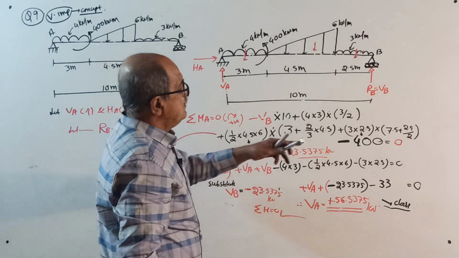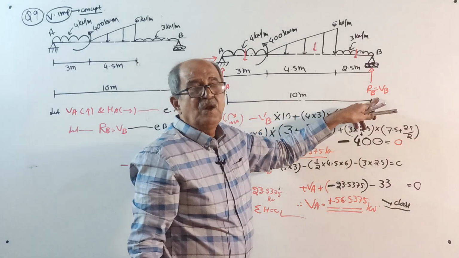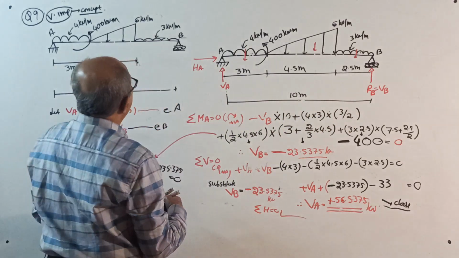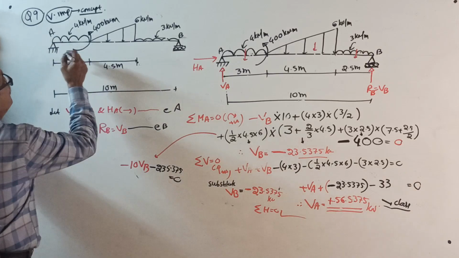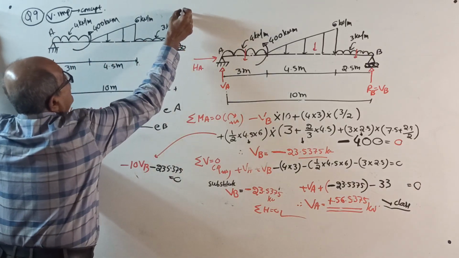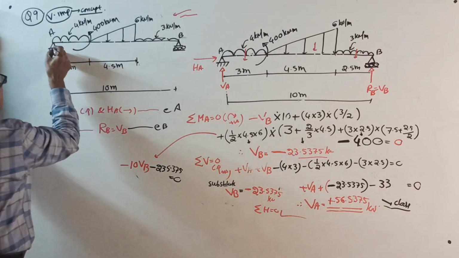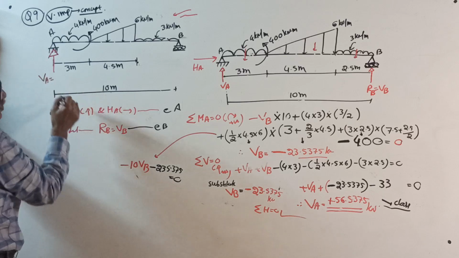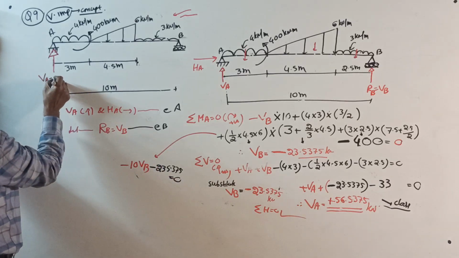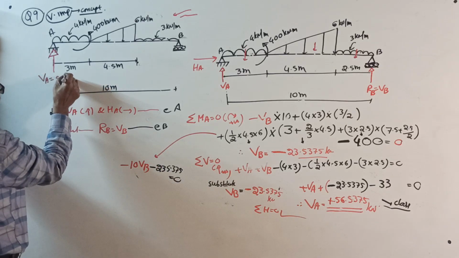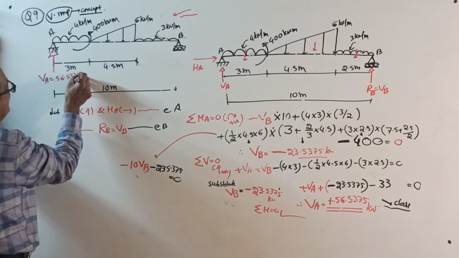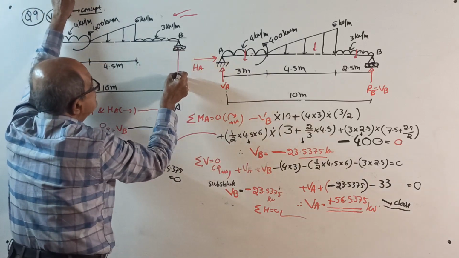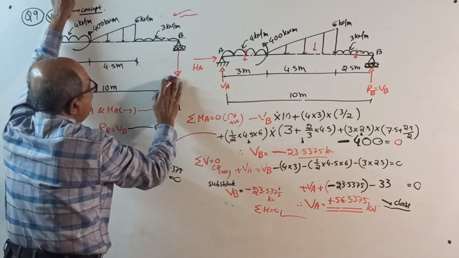VB you got negative, means direction wrong. VA you got positive. Sigma H is 0, HA equal to 0. You write it. Therefore, final, the support reactions will be at A, upward reaction VA equal to 56.5375 kilonewton, and at B negative sign came, it is downwards.